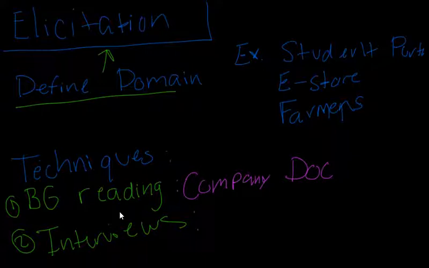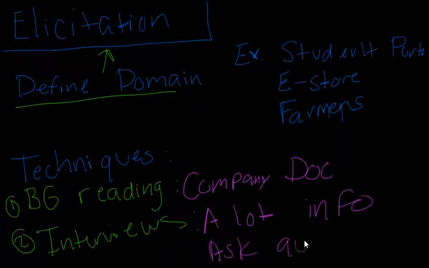And the advantage is that you get a lot of information from interviews. I forgot to write down what this is, but I'll just put a lot of info. Asking questions is pretty much the summation of interviews. So you get a very rich collection of information when you do interviews. But the problem is you get so much information, it's really hard to analyze this qualitative data.